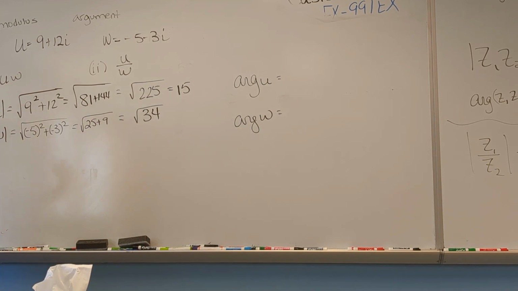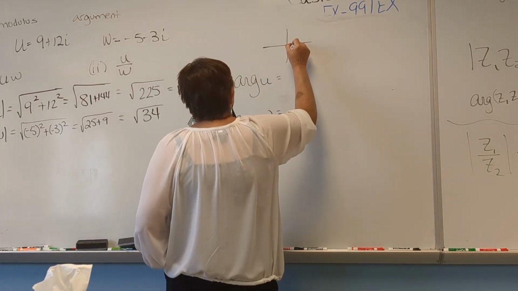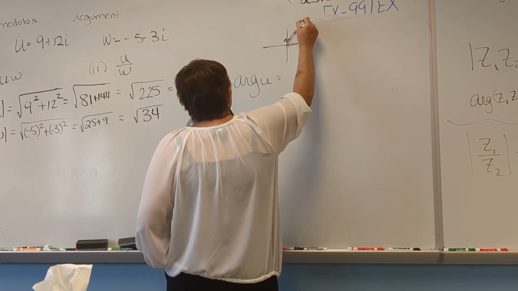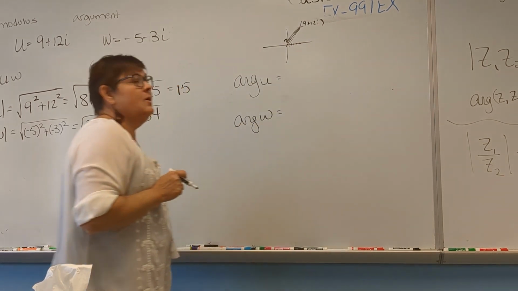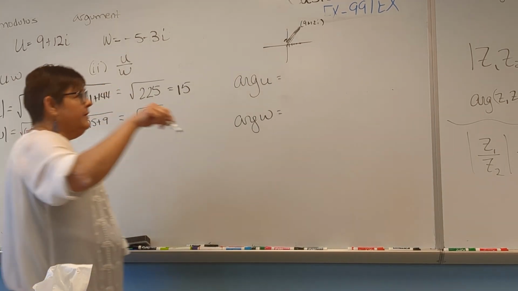Okay, so I'm truly looking in the first quadrant. Does that make sense, what I'm saying? So if I do a quick sketch, over 9, up 12, there we have it. We have our little line, and it's 9 plus 12i. Do you guys remember how to go about finding it? What's the little formula that gets me there? Tan of theta equals y over x, right?